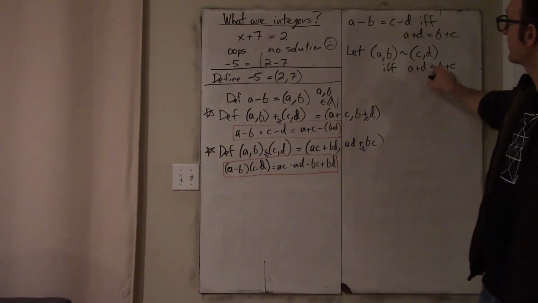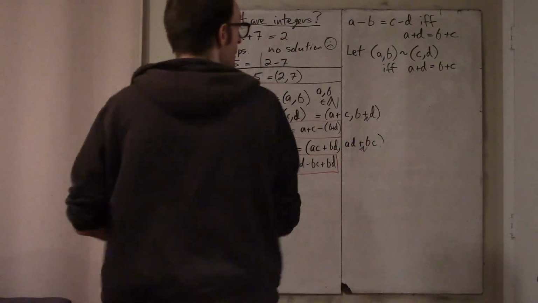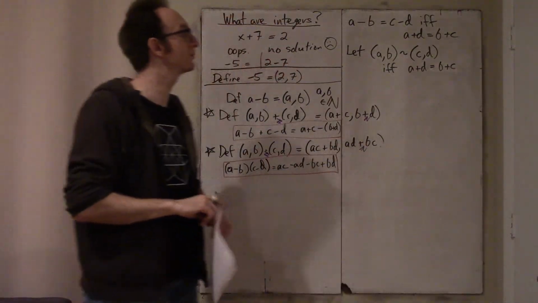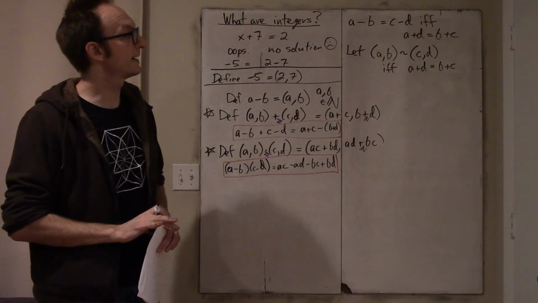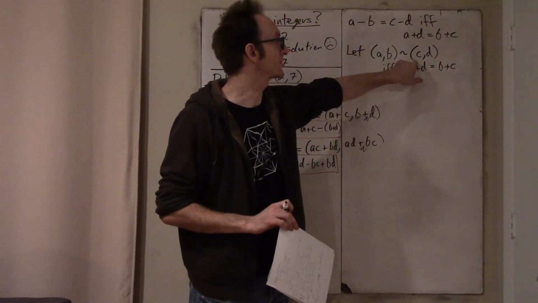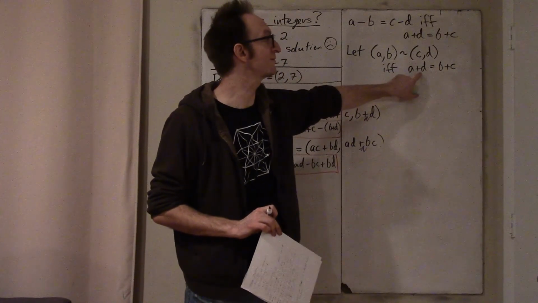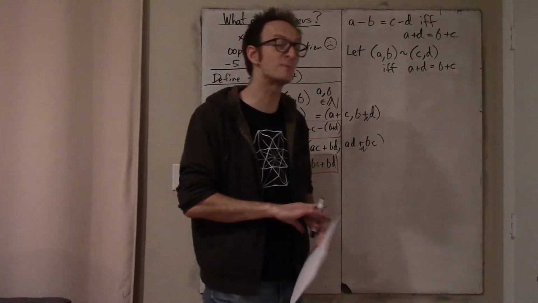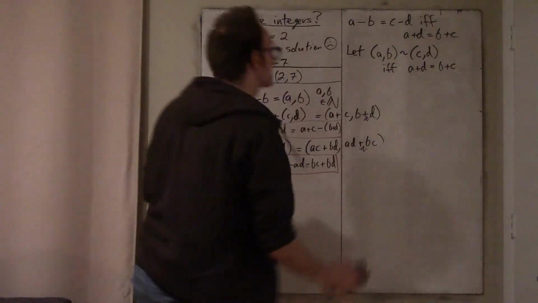So I've completely characterized what it means for two integers to be the same in terms of the relationships between the natural numbers that compose them.